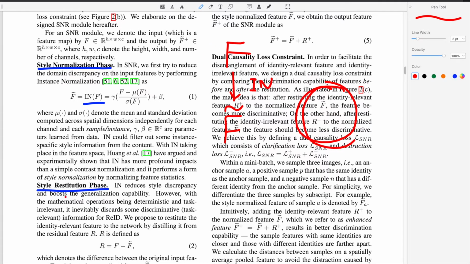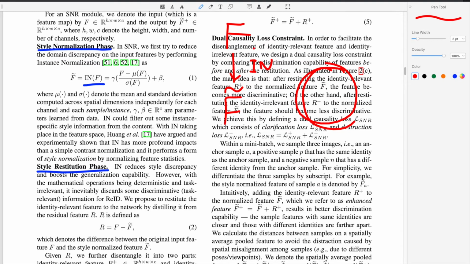That's where the style restitution phase comes in. The feature removed from f to become f squiggly is f minus f squiggly, denoted as the residual feature R.